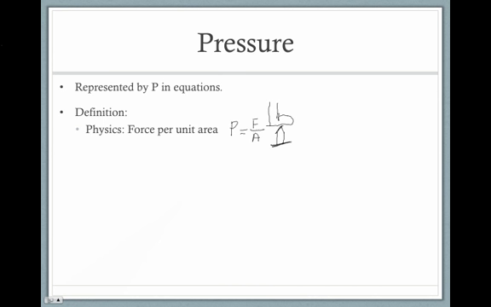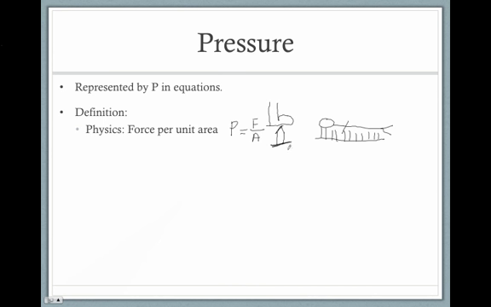However, if you take a bed of nails, you increase the area, and you can take that same force, that same person laying down on that bed of nails, and it's not going to hurt them very much. Those nails will not puncture their skin because you've increased the area, which means you've decreased that pressure.